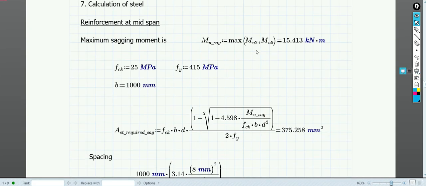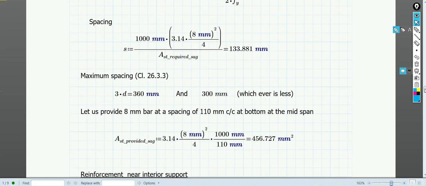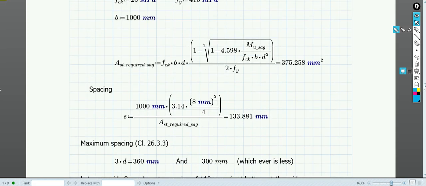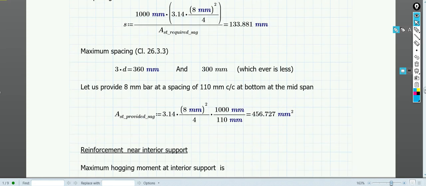So let's find out the steel for the maximum sagging moment, which is 15. How to find it, I think you know, I need not repeat. The spacing is as per the criteria required for a slab, that is 3D, and here we have got a spacing of 133 mm.